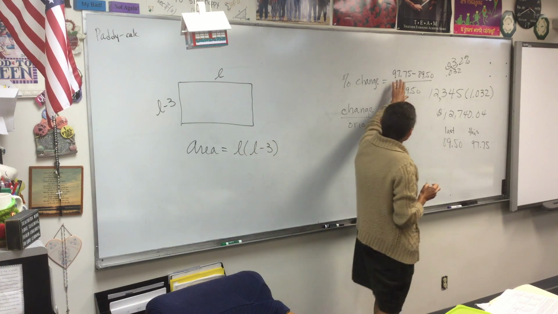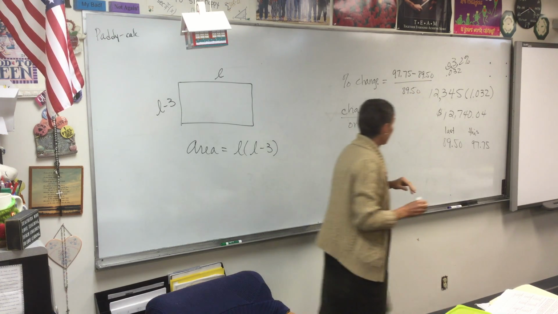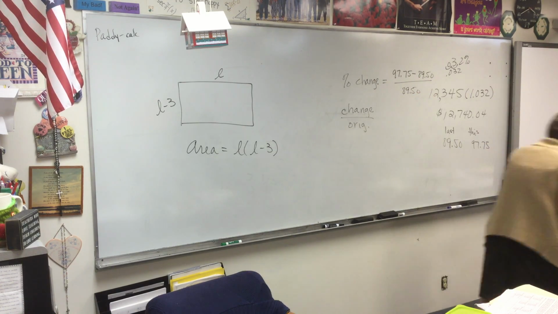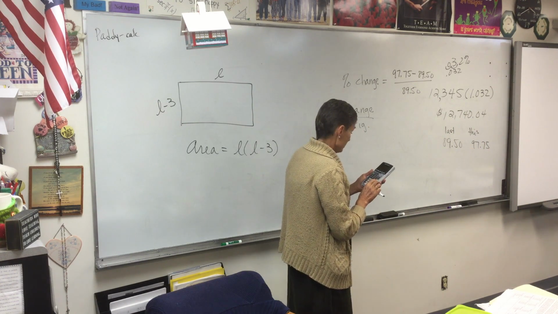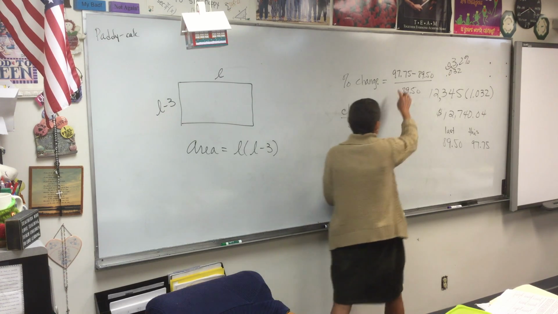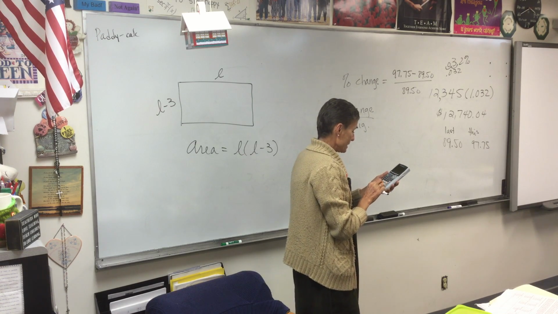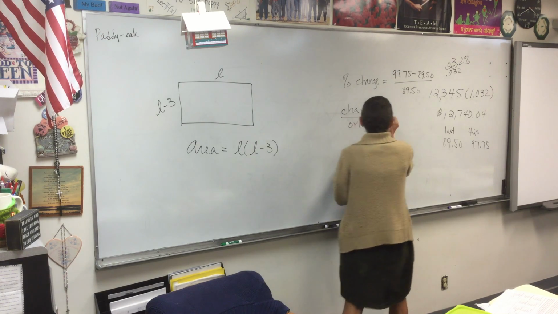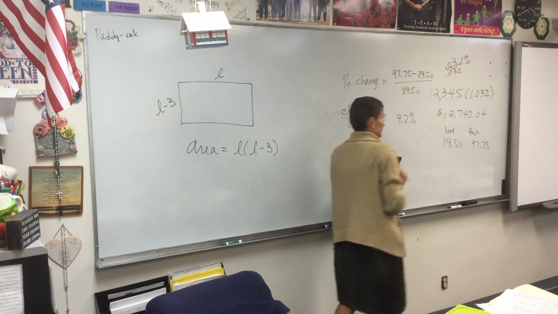So for us, that would be this number, whatever that equals, divided by 89.5. When you type that into your calculator, please be careful to hit equals after you type in that numerator, and then divide it by 89.50. And it's about 9.2%.